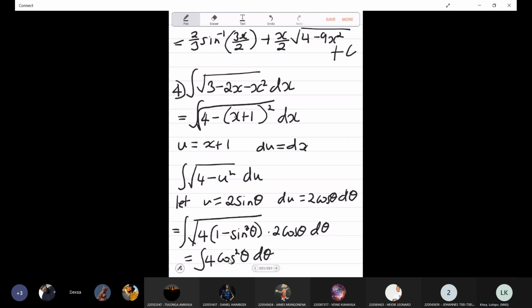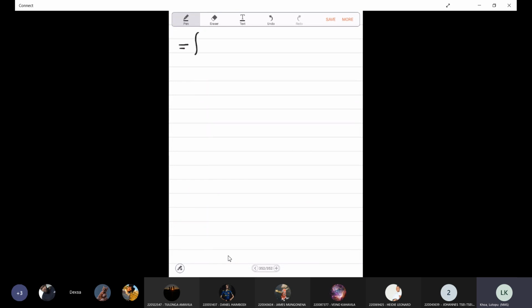We know that for cos squared theta, when we want to integrate it, we need to rewrite it in terms of its double angle. So I'll have half of 1 plus cos 2 theta, and then the half will multiply by 4, and I will have 2 on the outside. So here we have 4 times a half, 1 plus cos 2 theta d theta, and this is 2 on the outside, 1 plus cos 2 theta d theta.